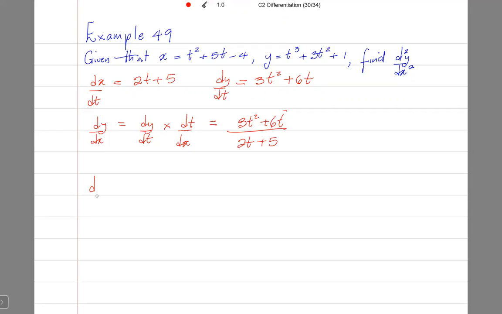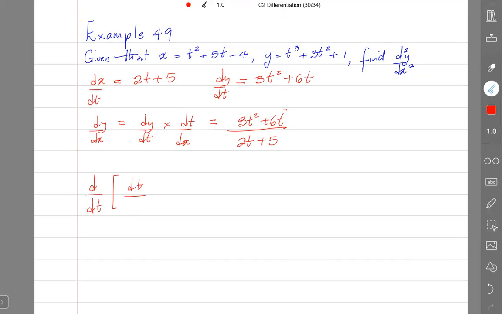All right, so that is dy by dx. Next we need to differentiate dy by dx with respect to t.